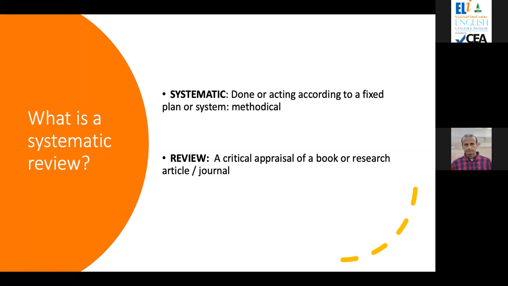Absolutely right, Mohammed Said, absolutely right. So that's right. It's systematic, follows specific research questions also. Thank you. Great. So many wise people are there. So when we talk about systematic, it means that we already have a fixed plan or a system we have established, and we are going to look into the studies according to that particular system.